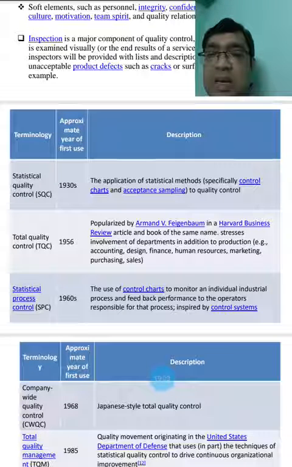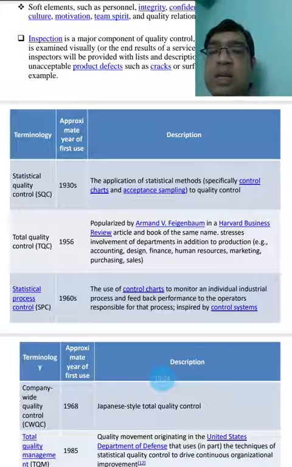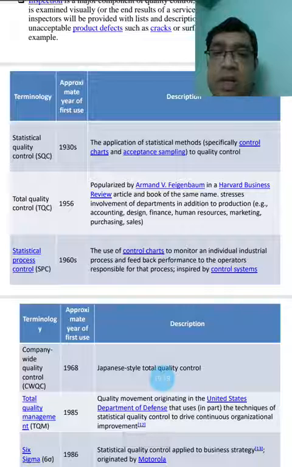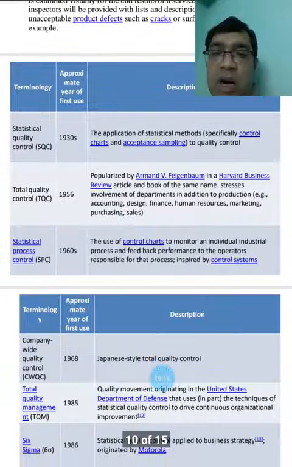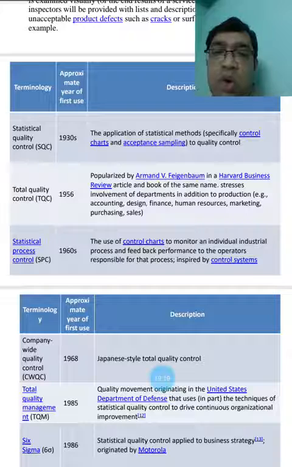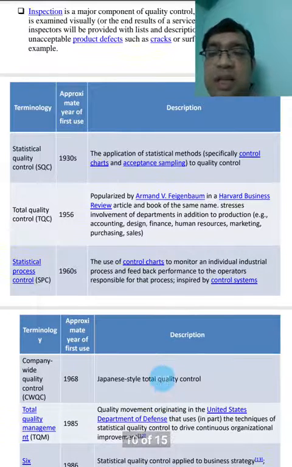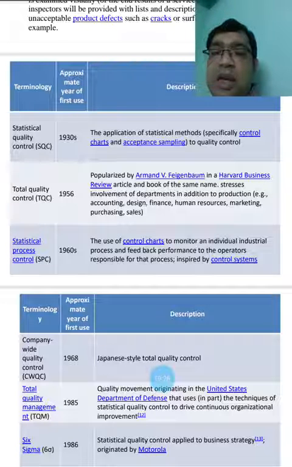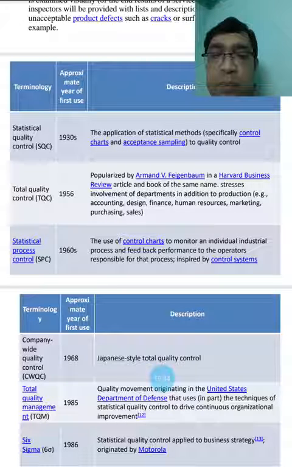Basically, statistical quality control was defined in the 1930s, and it is the application of statistical methods, specifically control charts and acceptance sampling, to quality control. And total quality control, TQC, was introduced in 1956 and popularized by Armand V. Feigenbaum in the Harvard Business Review.